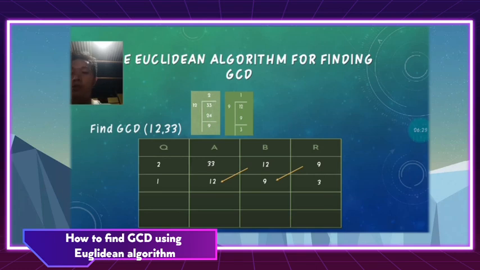So 9 goes into A and 3 into B. Now do the operation again: 9 divided by 3 is 3 times 3 is 9, and the remainder is 0. So the quotient is 3 and the remainder is 0.